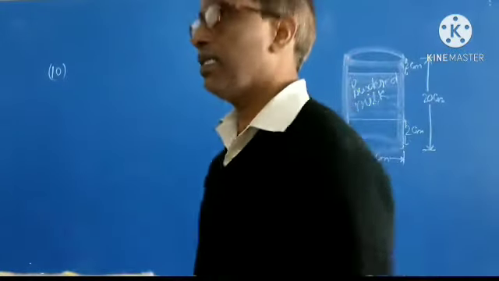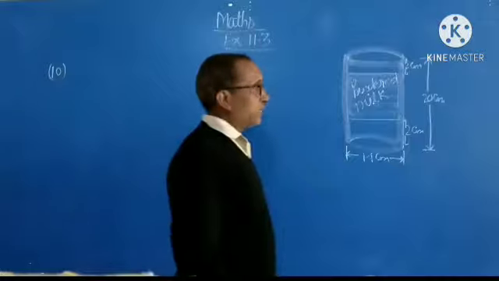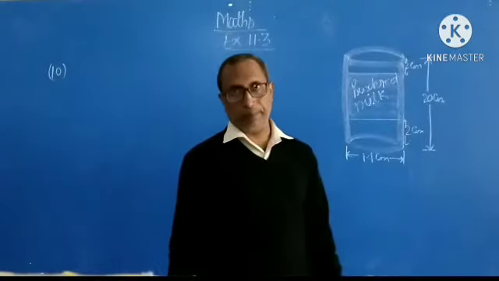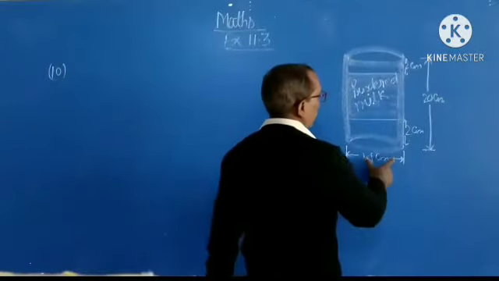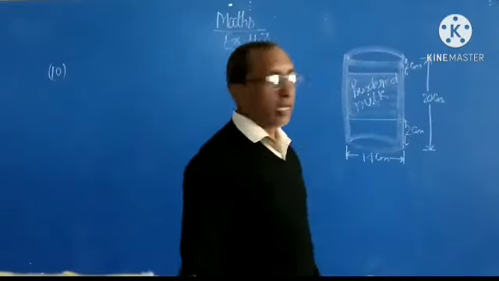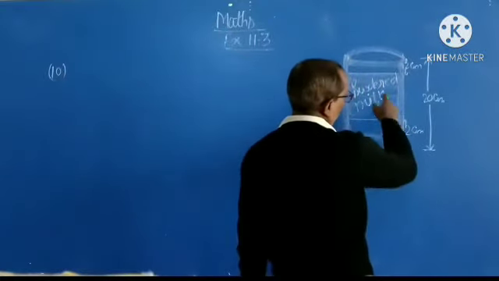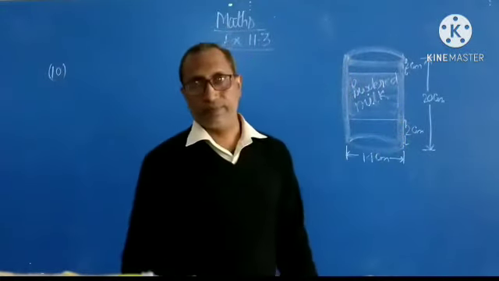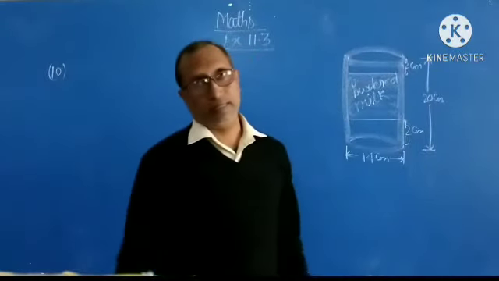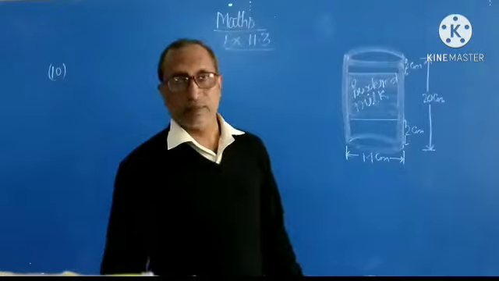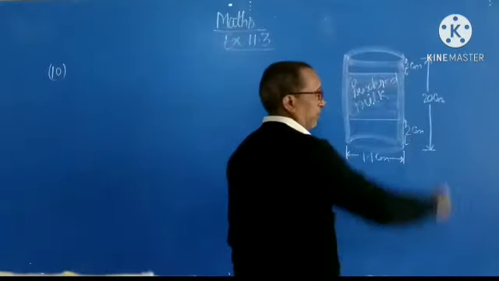In this question, company's milk package is in a cylindrical shape, which height is 20 centimeter, diameter is 14 centimeter, and label is placed from top and bottom 2 centimeter, means between the container. Okay, find the area of the label.